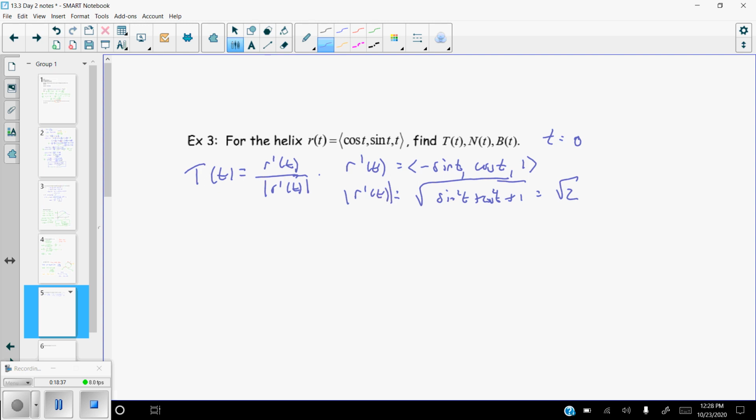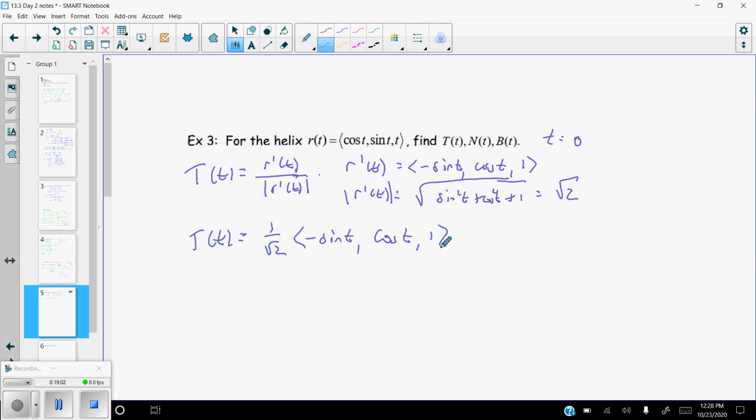All right, so now in order to find the unit tangent vector, we need to do r prime of t divided by its magnitude, or we can just put the magnitude out front as 1 over square root of 2 times r prime of t. It might be easier in this case to write it this way. Or you could divide each component by the square root of 2.